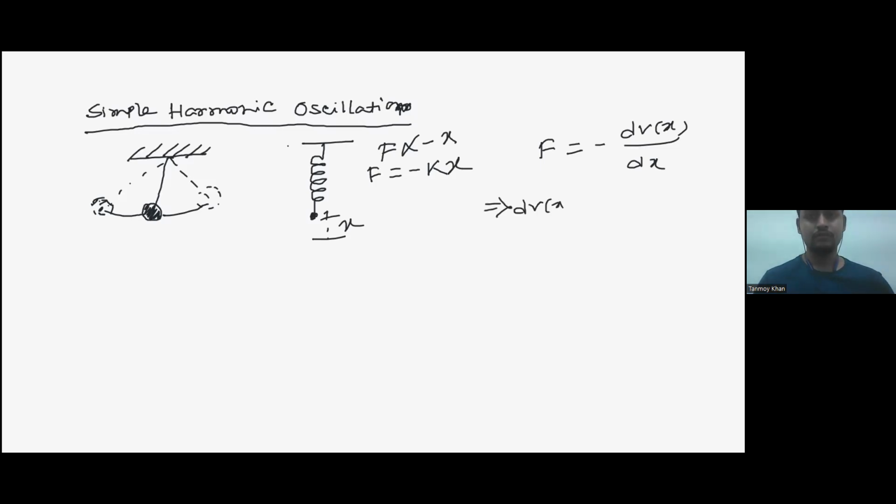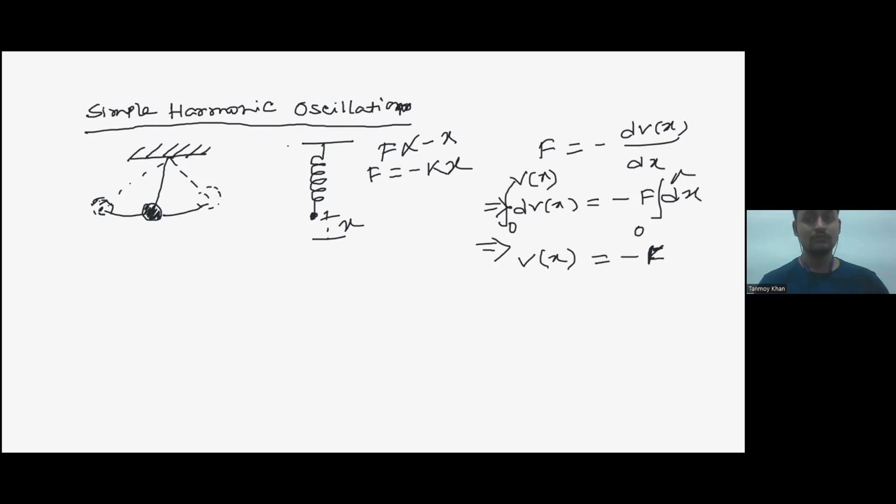So dV is minus F into dx. If we integrate it from 0 to V(x), this will be 0 to x. So what will we get? V(x) is equal to minus F x, right?